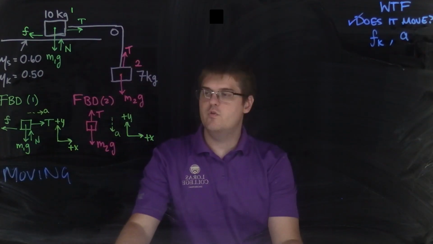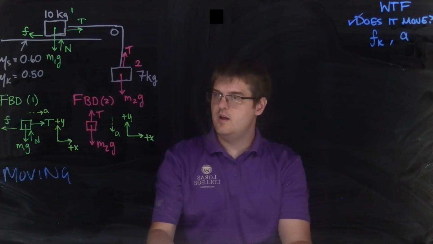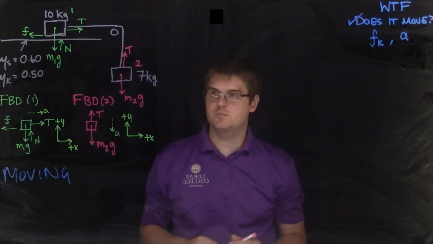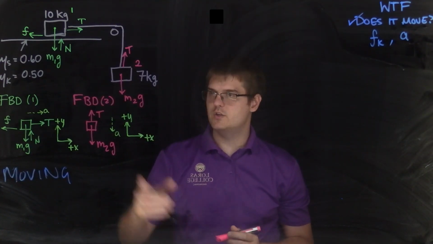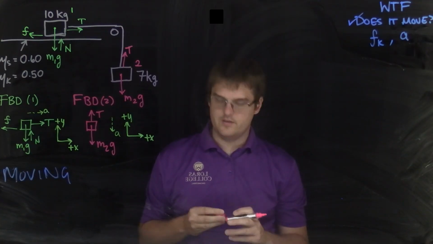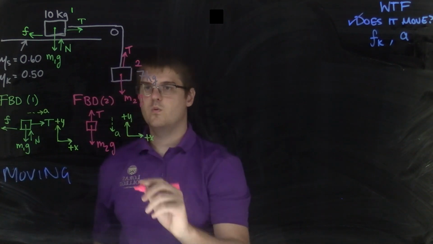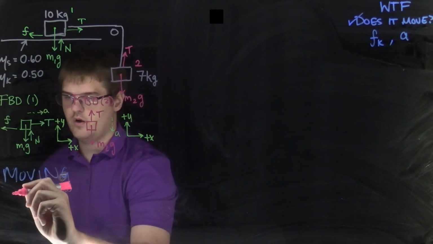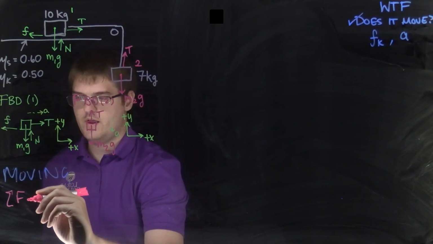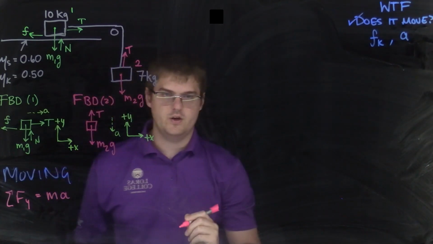So we now have a moving part. We're going to first start, again, by solving for our second piece, just because this is going to be our easier equation. We don't have to deal with anything in the x. We don't have to deal with any friction. Let's knock out the low-hanging fruit first. So what we know is our sum of forces in the y direction is equal to our mass times our acceleration.